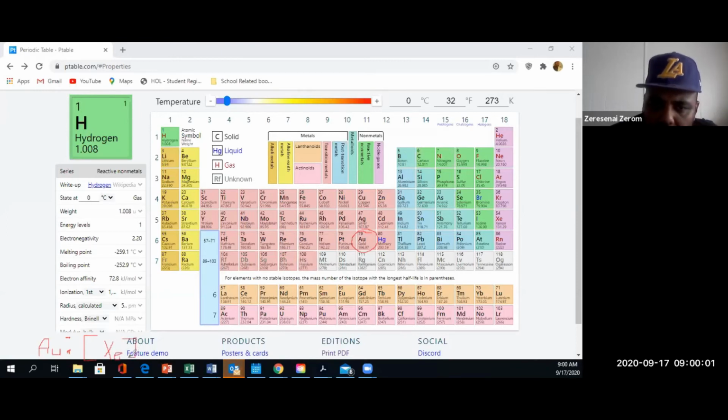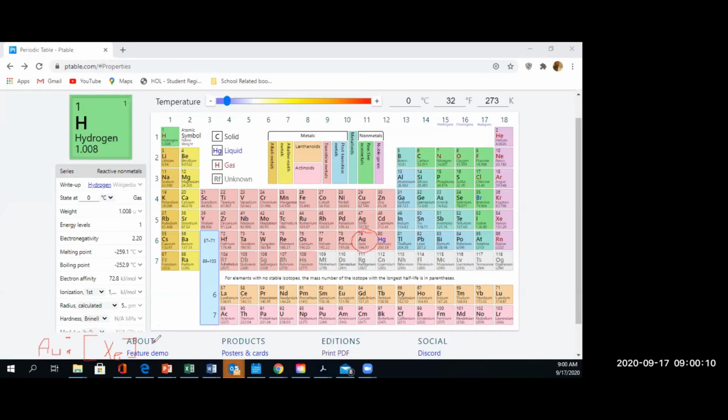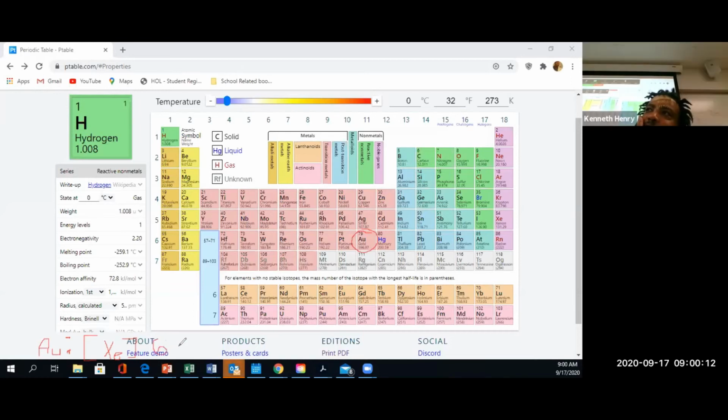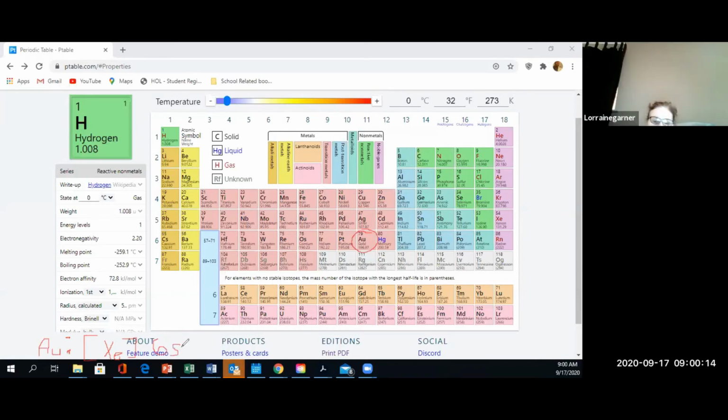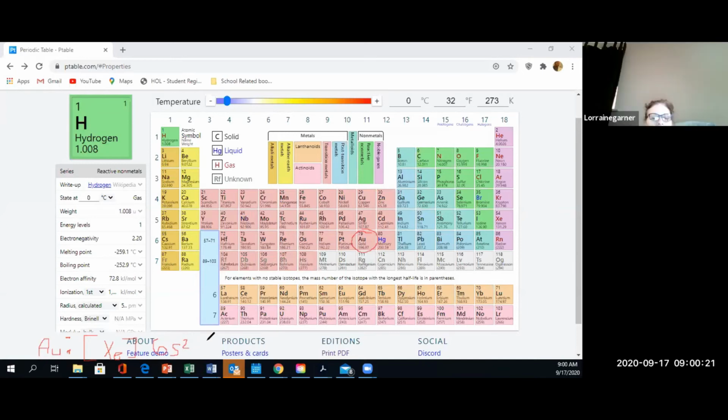Close bracket, and then we go to 6s2. That's correct. And then we go to 4f.